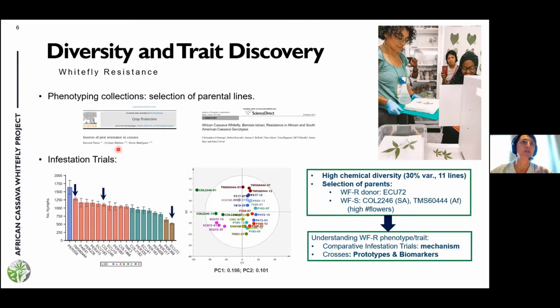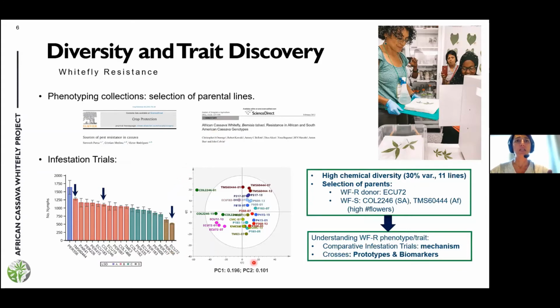Within this objective of the Wi-Fly project, we also analyzed another panel of potential parental lines for breeding Wi-Fly resistance. This panel was selected based on the phenotype they presented under controlled infestation trials with South American Wi-Fly and with the African Wi-Fly.